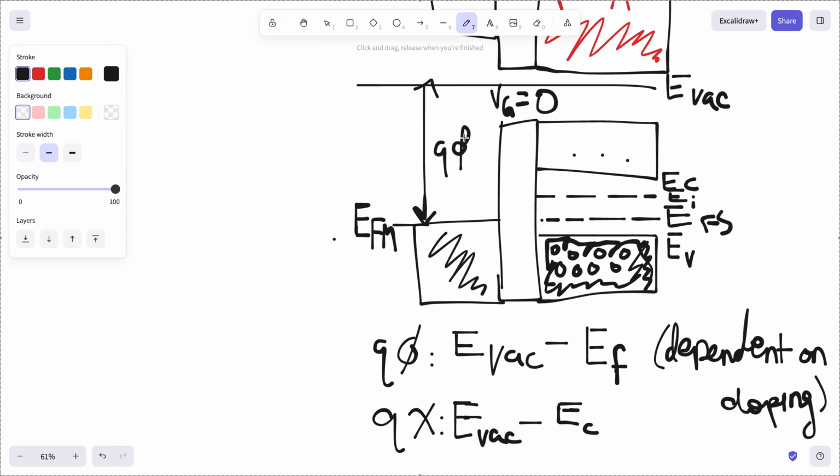Here is labeled the work function for the metal. Here we can label the work function for the semiconductor. This is the electron affinity for the semiconductor.